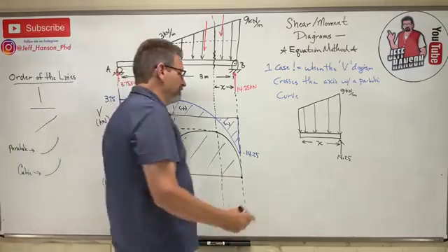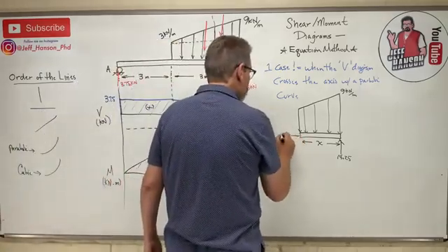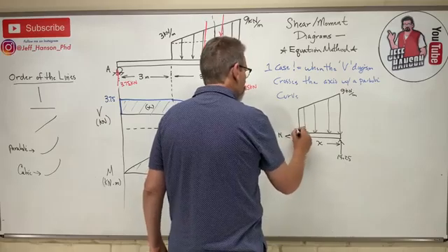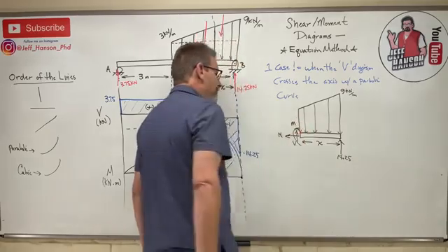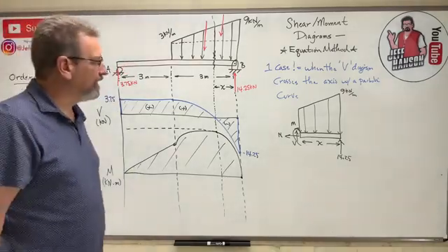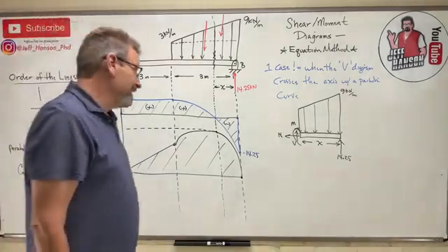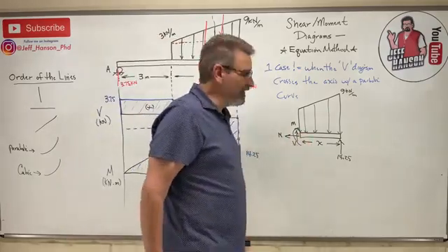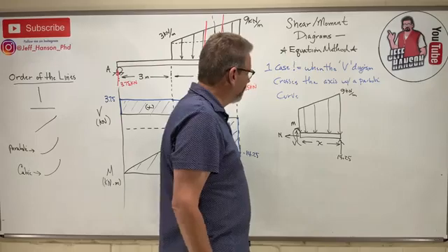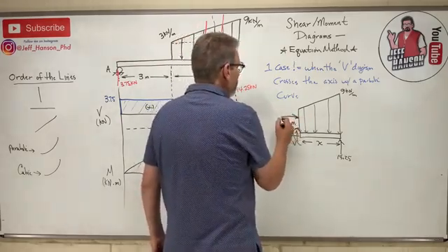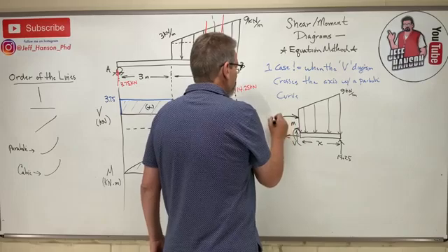You must have an N, V, and an M. So there's our M, N, and V, our internal forces where we cut that beam in half. So all you got to do is a little old statics problem on this. But one of the things that I need to know is this. How tall is that curve right there?